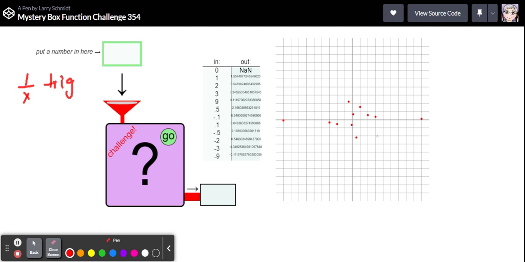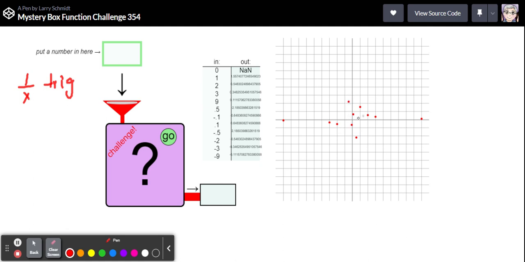I think we saw the sine of 1 over x. I don't think that's what this is. The sine of 1 over x got kind of crazy in the center and smoothed out.